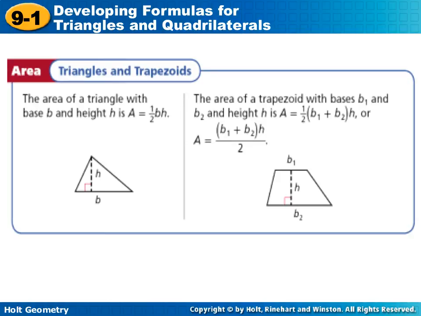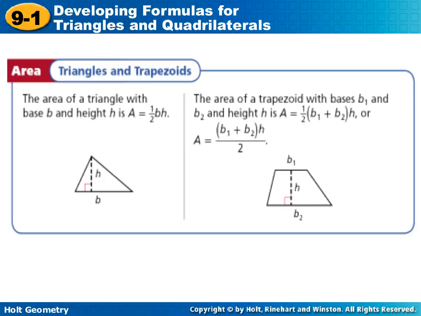So for the whole parallelogram, it's base times height. If I'm interested in the triangle, I only want half of it. So either divide it by 2 or multiply by 1/2. That's how we get the triangle. Trapezoid, kind of the same thing. There's one trapezoid, take a copy of it, flip it over, if I can make it look about right.